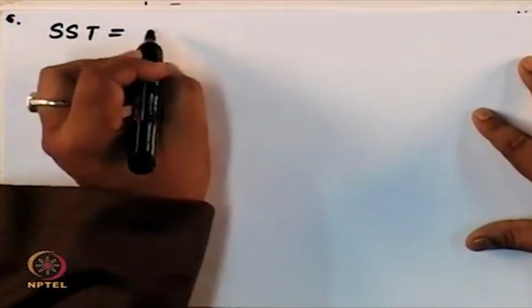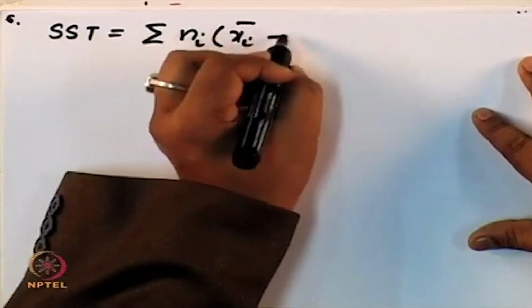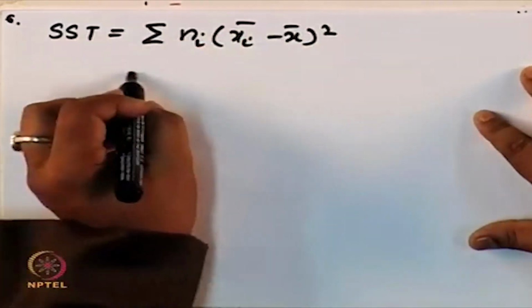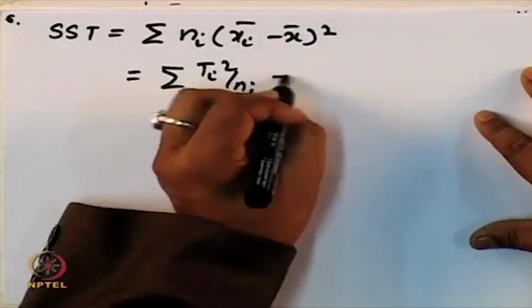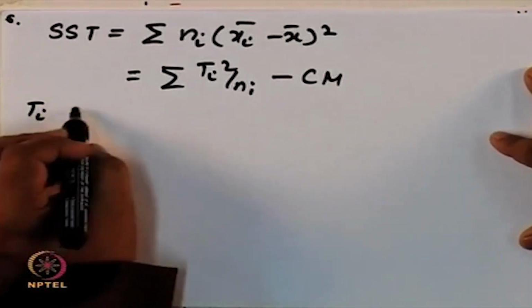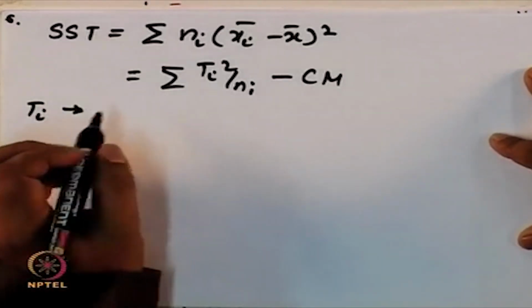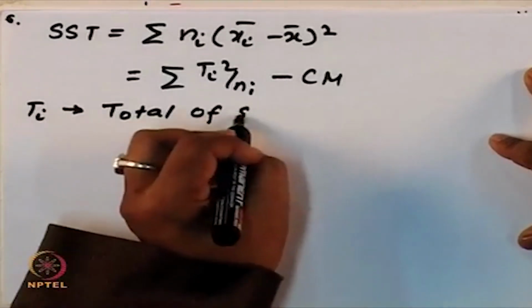You can compute SST, and this can be expanded to be written as summation Ti square by Ni minus Cm, where Ti corresponds to the total of sample i.